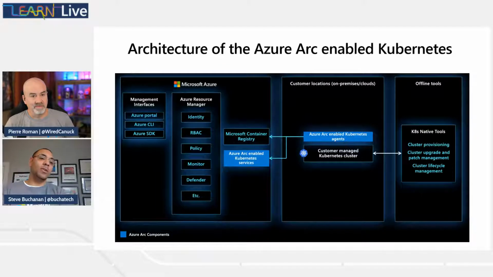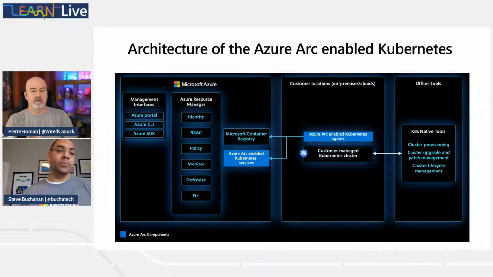The answer is yes, you can, absolutely. That's important for customers who have workloads on premises that are private, and a locked down environment, but then have that ExpressRoute. You could totally use Azure Arc in that scenario.